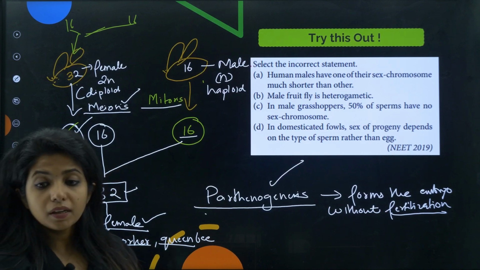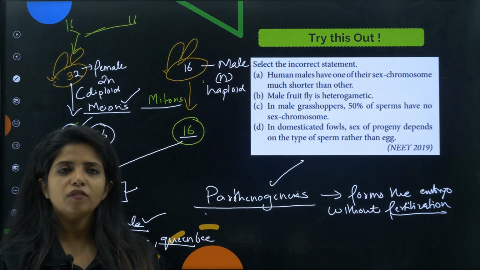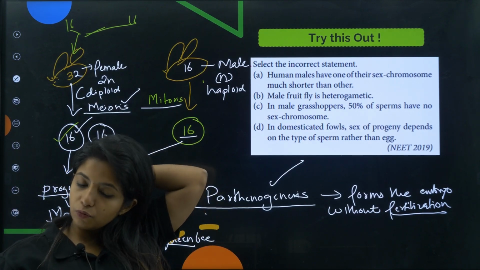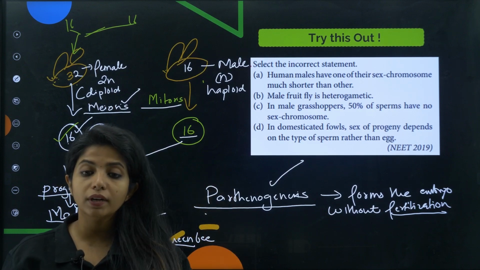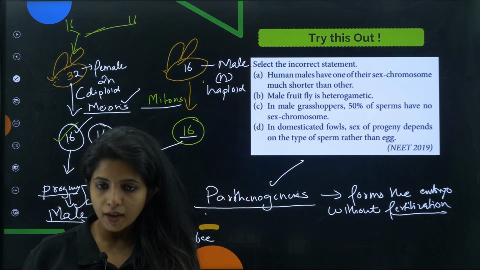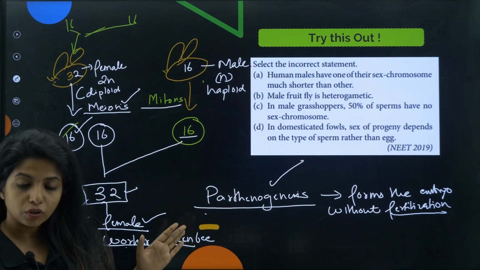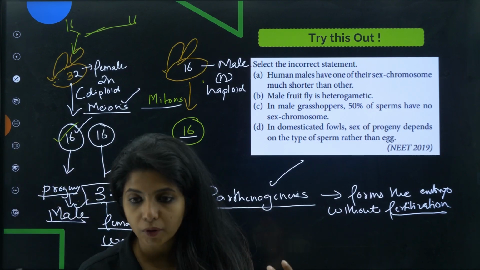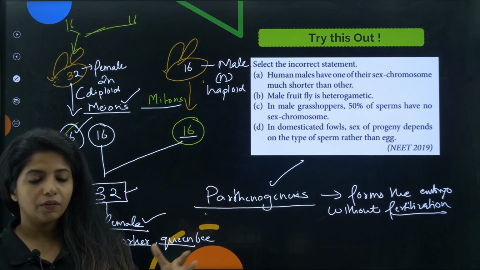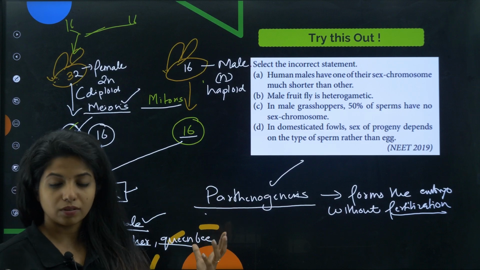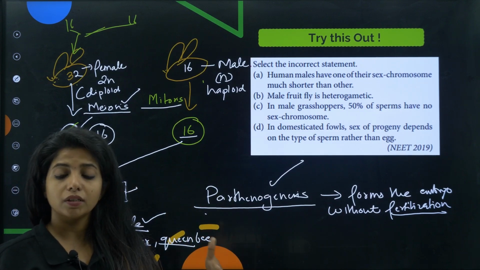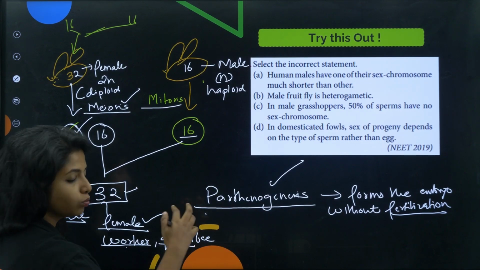The worker bees are basically sterile. Worker bees are not the ones that will be producing more progeny. They are the ones who take care of the whole comb and everything. Whereas the queen bee, as you know, is a queen. It is the one that undergoes fertilization in the next cycle and produces more bees.